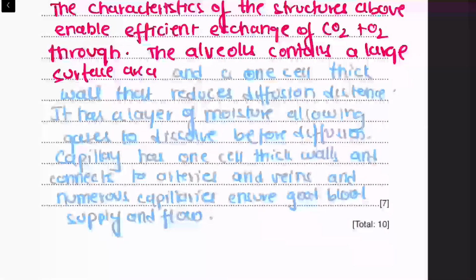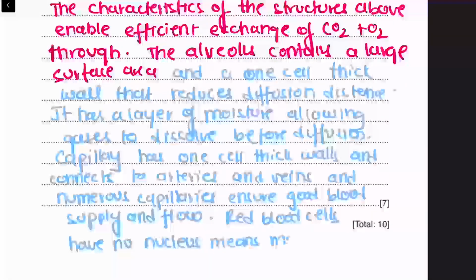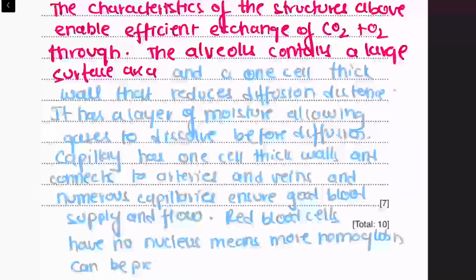Red blood cells, how do they allow for efficient gaseous exchange? Red blood cells have no nucleus. So why is this important to gaseous exchange? No nucleus means more space for hemoglobin, means more hemoglobin can be present to carry oxygen.